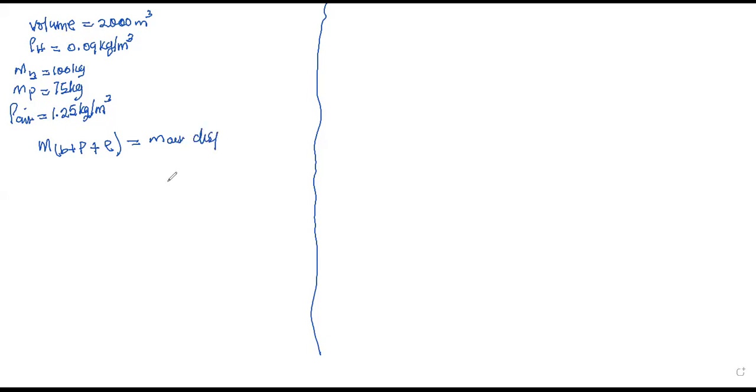If you want to express this in terms of weight or upthrust, then weight of balloon, pilot, equipment to be added.